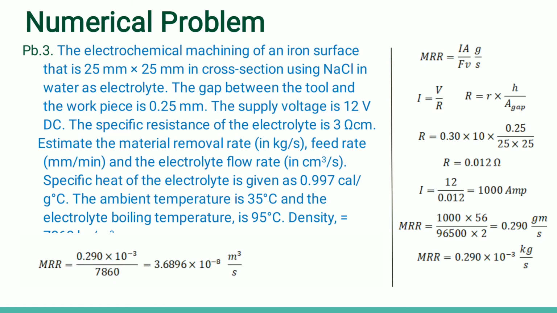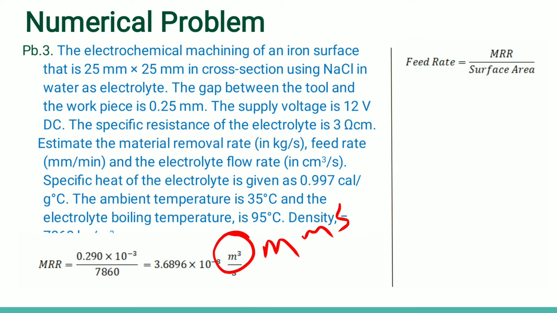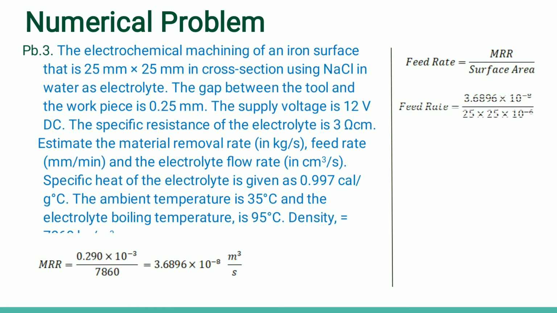Okay, now the feed rate will be equal to MRR upon surface area. The surface area is given to you in mm square. So either we can convert this meter cube into mm cube, or we can convert this mm square into meter square. So I'm just converting this 25 into meter square.